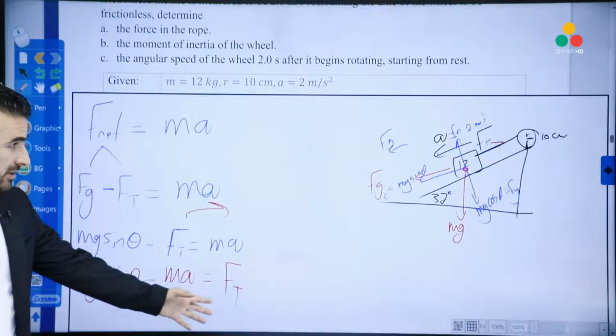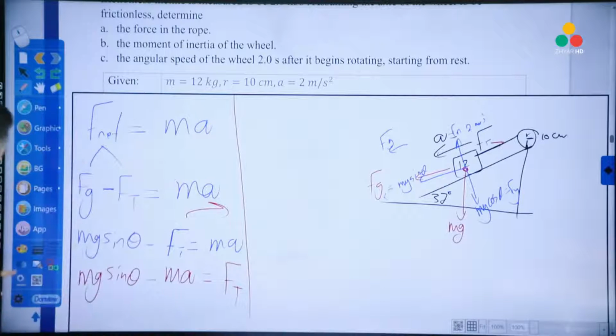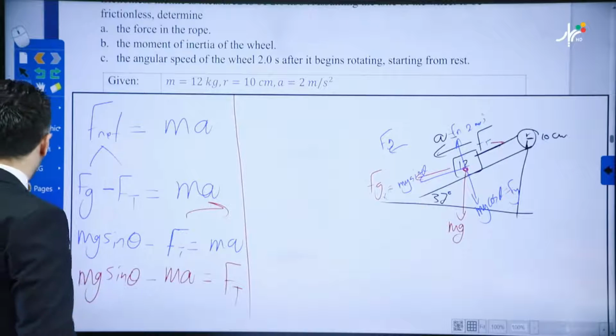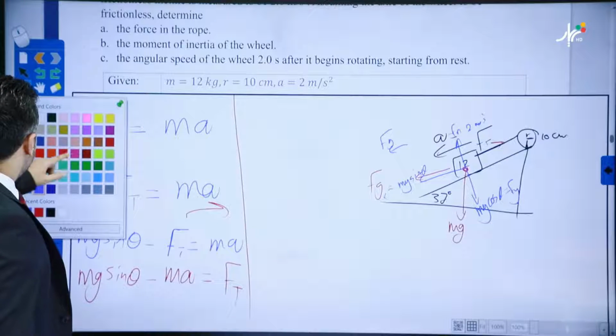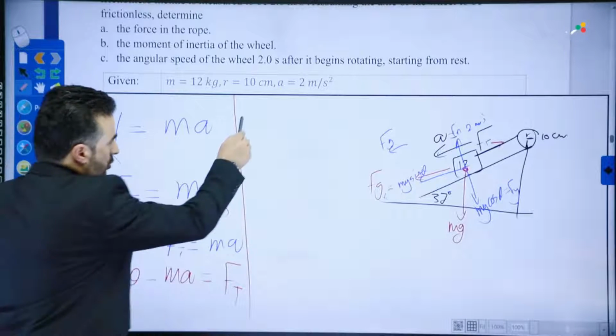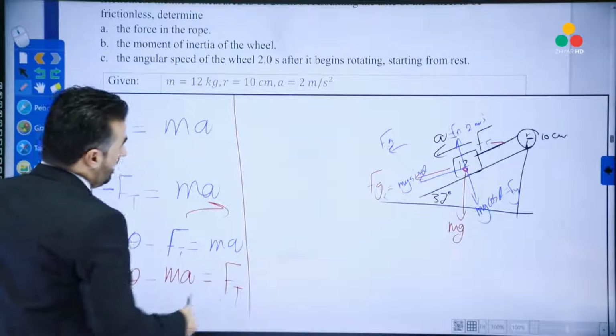Now, all you need to do is substitute numbers and find Ft. Are you still with me? Very good. What is the mass of the box? That is 12. So remember, mg sine theta minus mass times the acceleration.